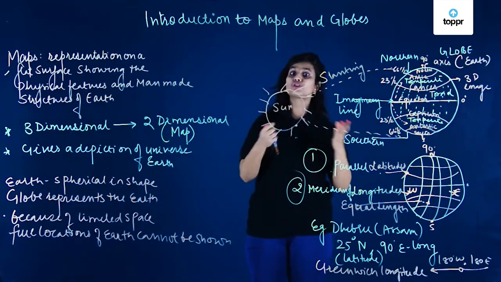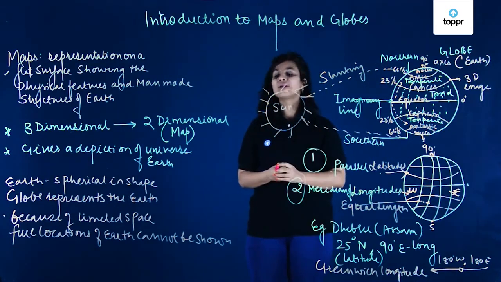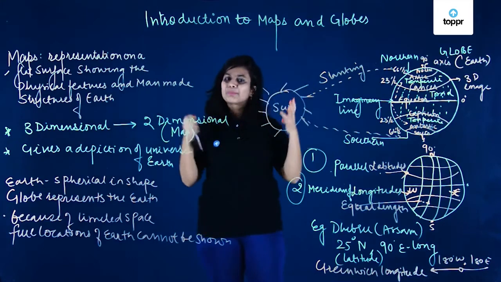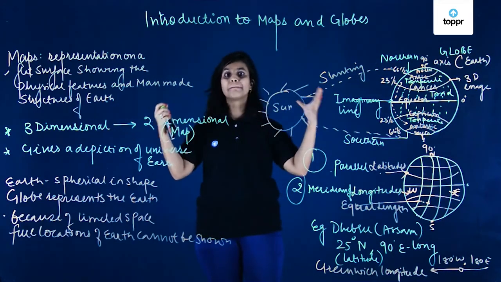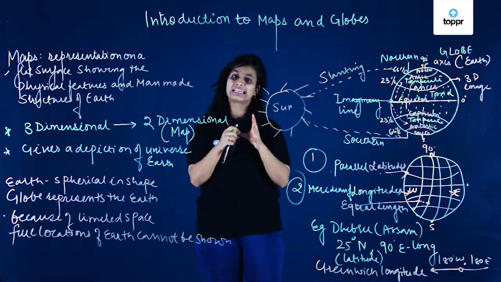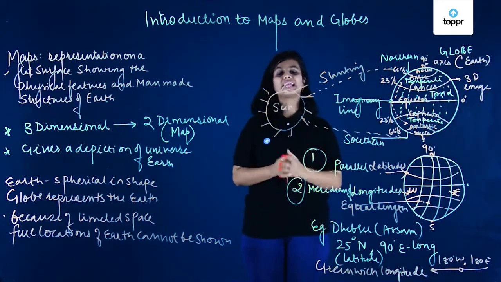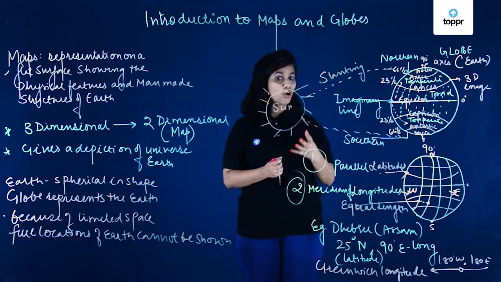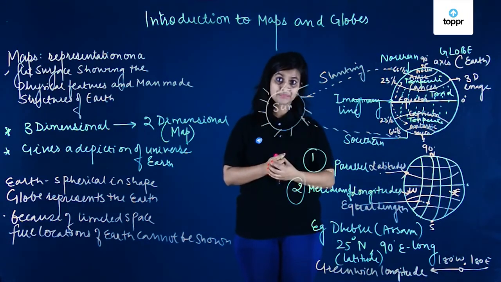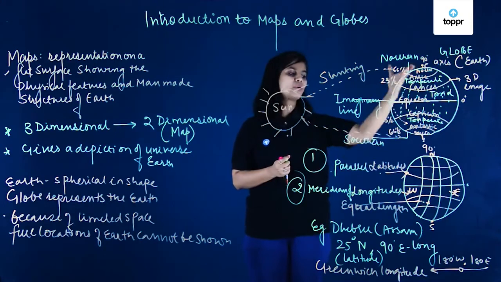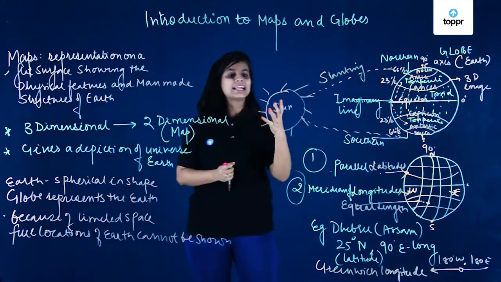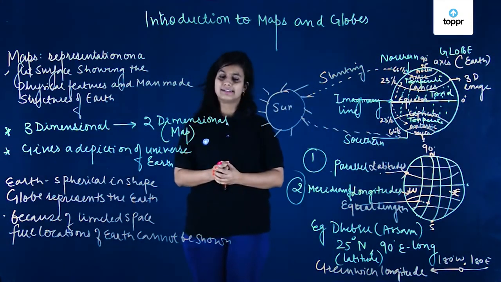Of course, it will not show everything, for the simple reason that the space is less and you cannot show the complete Earth in that limited space. Still, it tries its level best to show the major areas of the Earth, major continents, rivers, etc. It also tells us how the Earth is divided and how various factors affect the Earth.